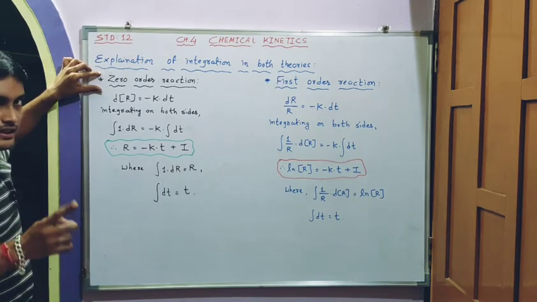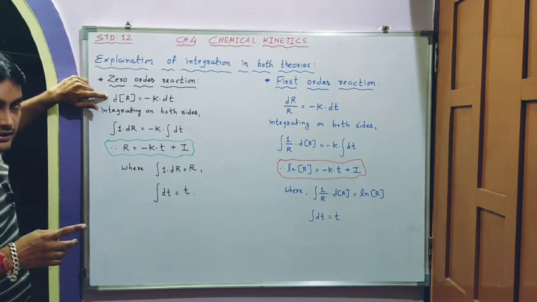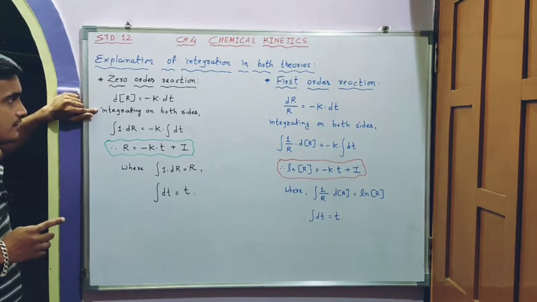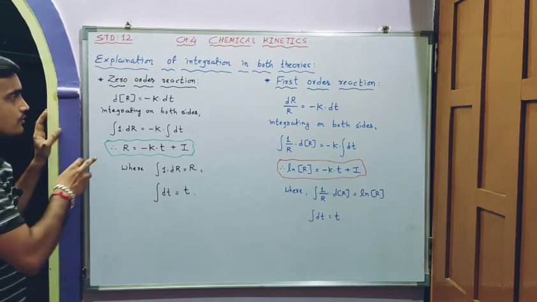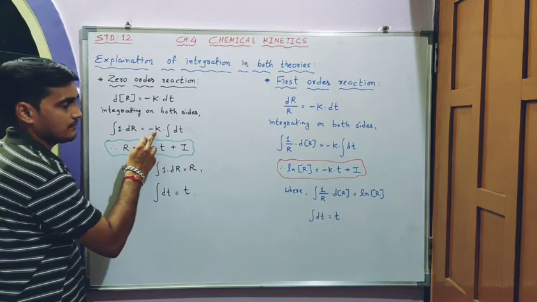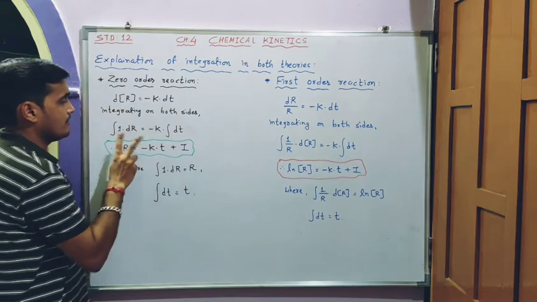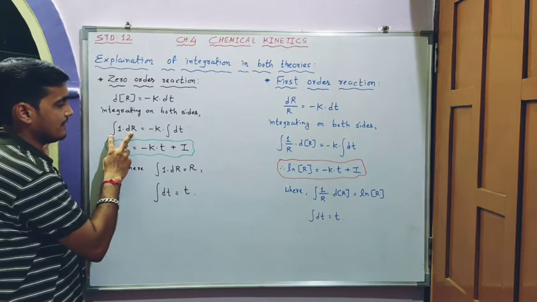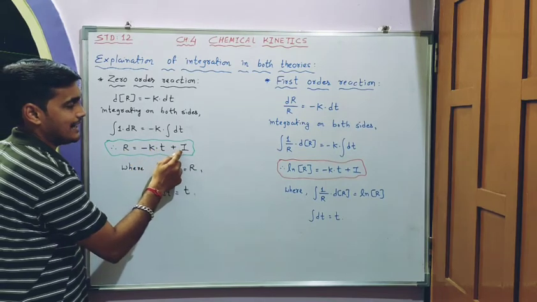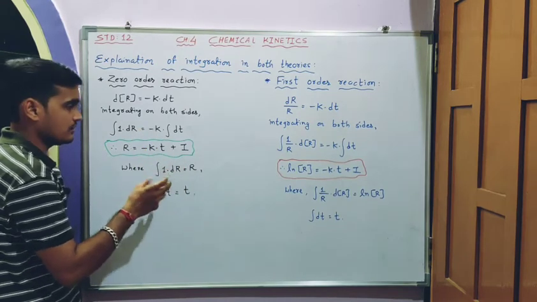First theory is zero order reaction. In that theory you can see this equation in the starting of that, R to P. When we are integrating this equation, integration of dr and integration of dt, we get R is equal to minus k into t plus I, where I is a constant, which is known as the integration constant.